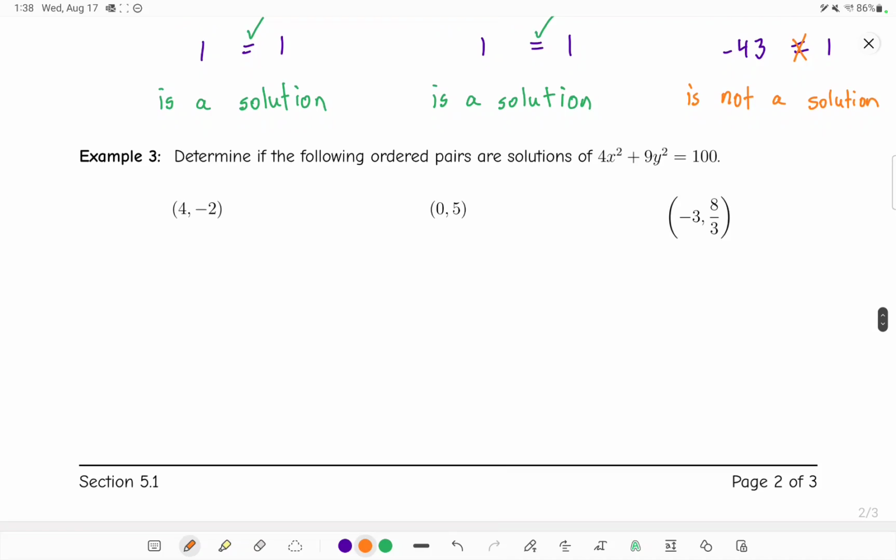Example 3. Determine if the following ordered pairs are solutions of 4x squared plus 9y squared equals 100. So 4 times 4 squared plus 9 times negative 2 squared, does that equal 100?